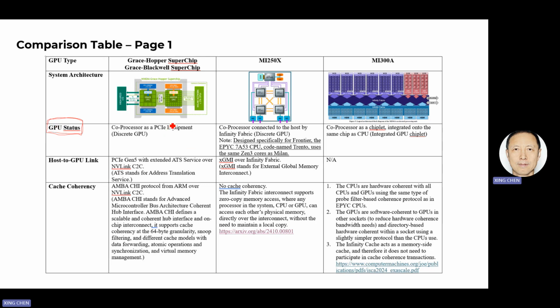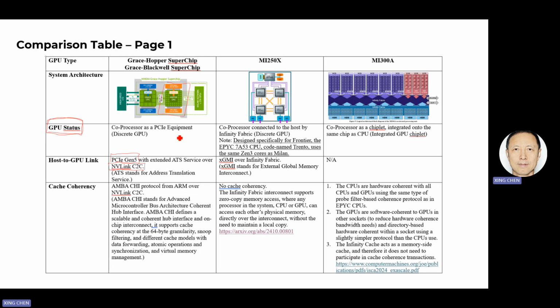For the GraceHopper Superchip, and also the same for the Grace Blackwell Superchip, the Hopper GPU is connected to the host by the NVLink C2C. But actually, if you look at the protocols that run on top of this NVLink C2C, that's PCIe generation 5. So what I can claim is that it's still connected to the host by using the PCIe protocol.